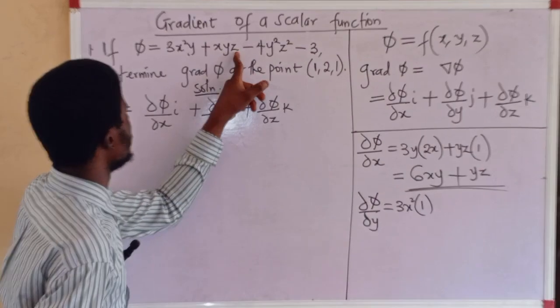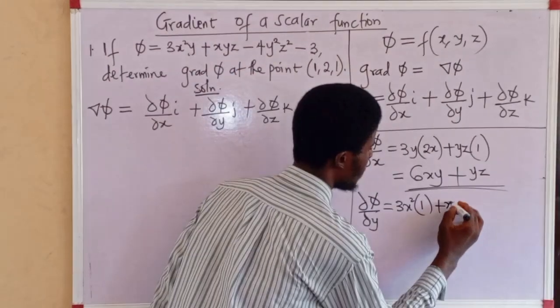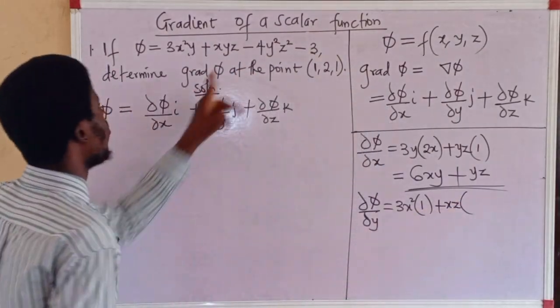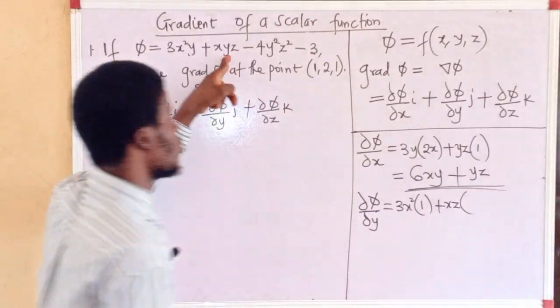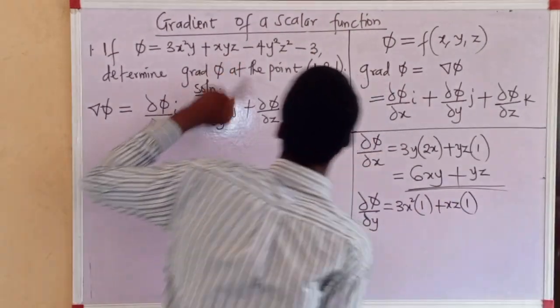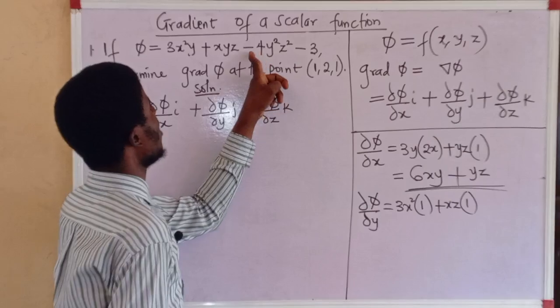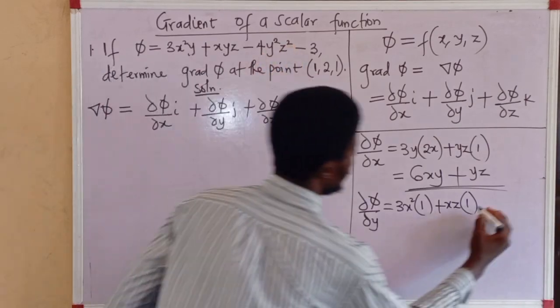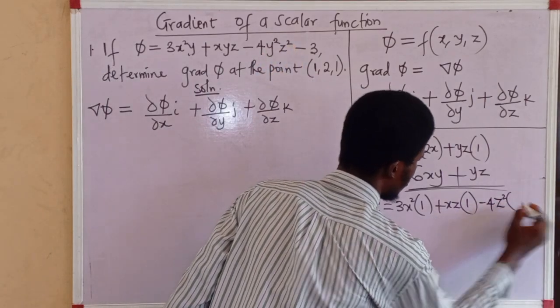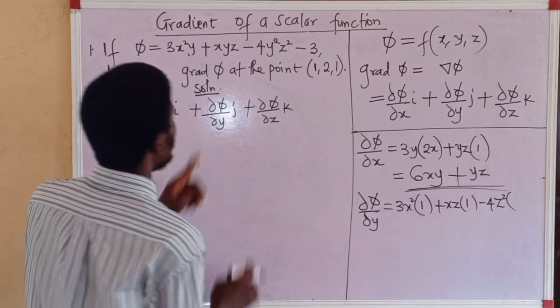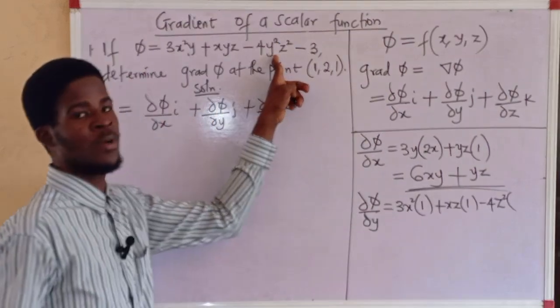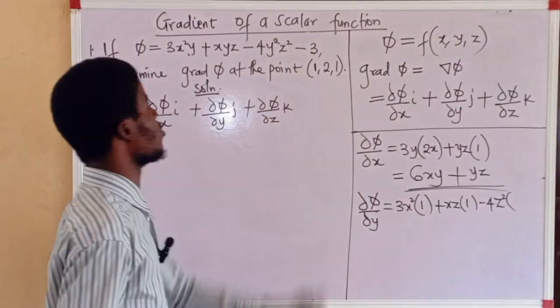We'll take xz as a constant and differentiate y with respect to y to get 1 also. Here we'll take minus 4z squared as a constant. We will now differentiate y squared with respect to y, and that will give us what?